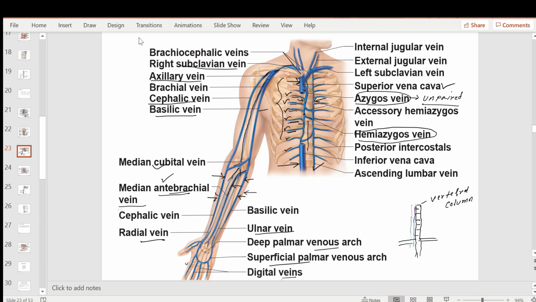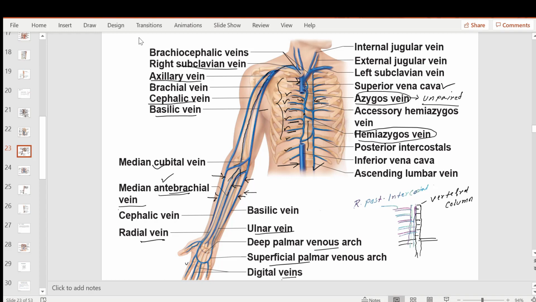So this is the azygos vein, and it receives blood from the right posterior intercostal veins.